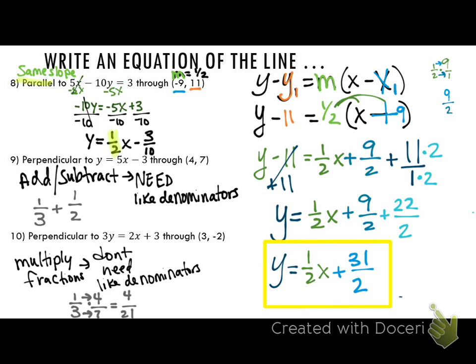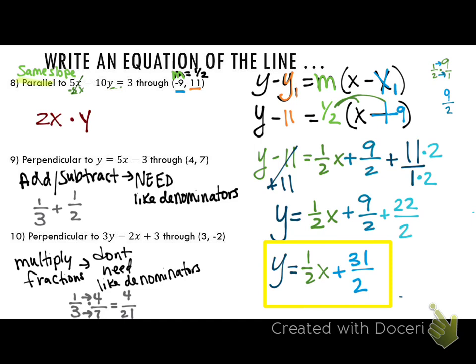I could not. They would have to have the same denominator. It'd be a whole process. Okay? So you would need like denominators. Think of it like, can I multiply 2x times y? Think back to algebra for a second. Would I be able to multiply these two together? I can't?